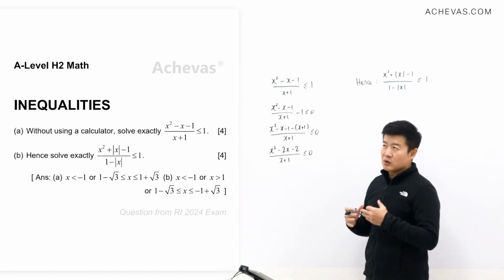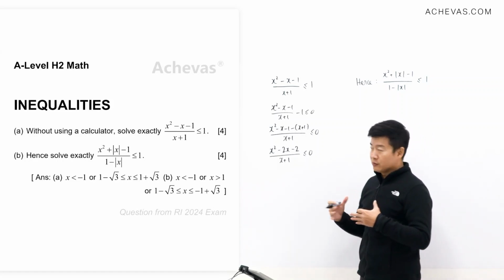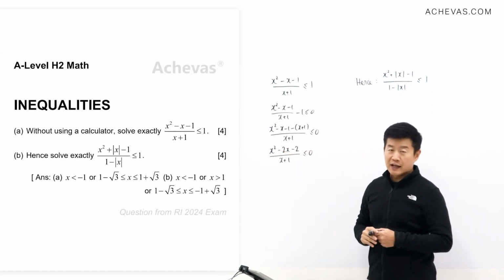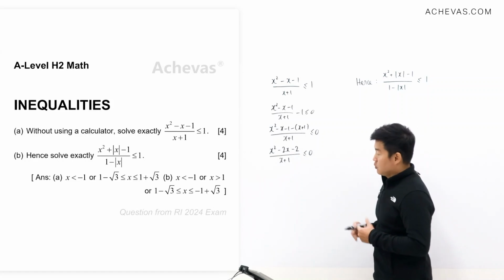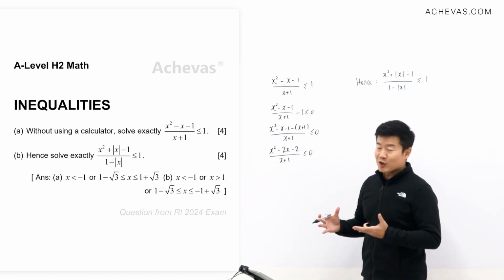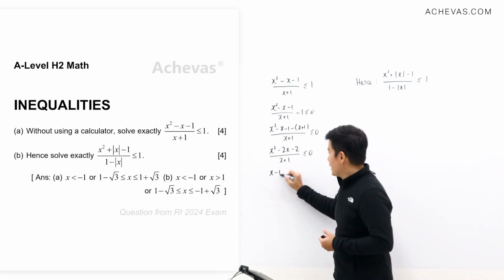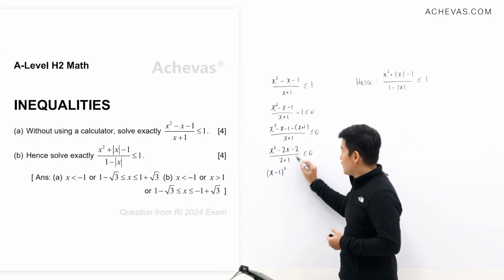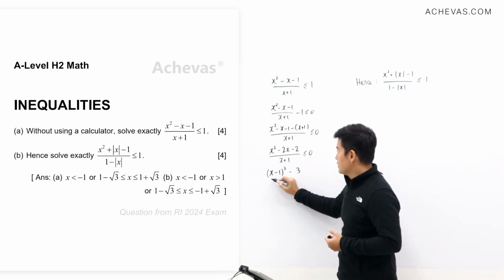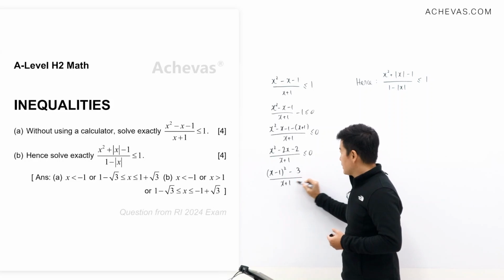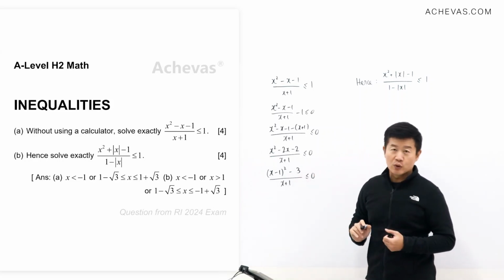And to do that, you can either use the quadratic formula to find the roots of this quadratic expression, or we can do a completing square. I prefer completing square, so it will be (x minus 1) squared minus 1 minus 2, which will be minus 3, divided by (x plus 1), less than or equal to 0.